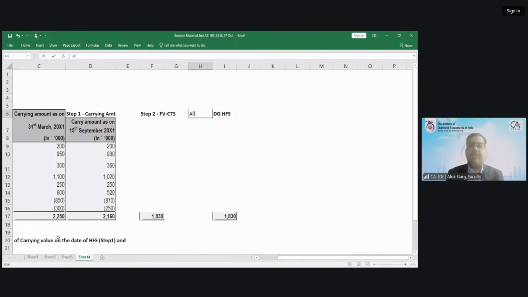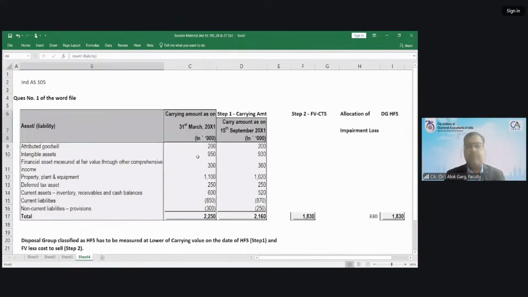Allocation of impairment loss. How will we allocate impairment loss? First we will allocate to goodwill, then to those assets which are valued as per Ind AS 105.